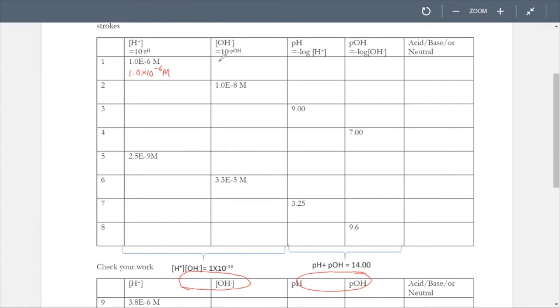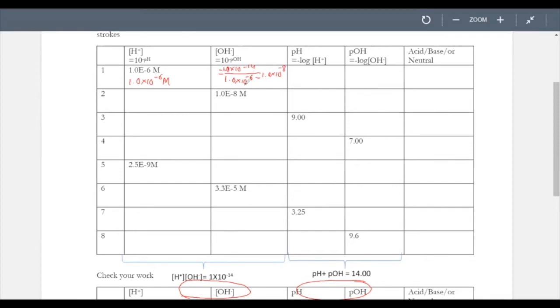OH is equal to 1 times 10 to the power negative 14 divided by 1.0 times 10 to the power negative 6. So it is equal to 1.0 times 10 to the power minus 8.